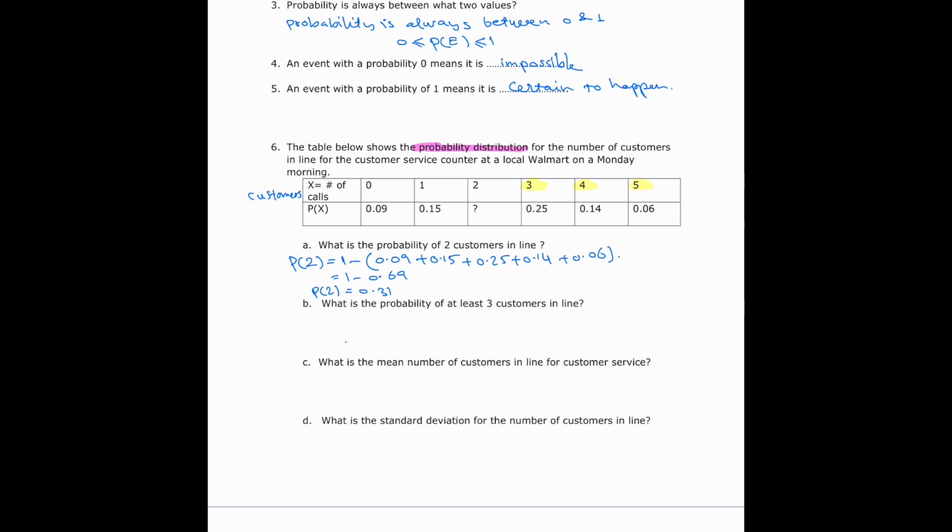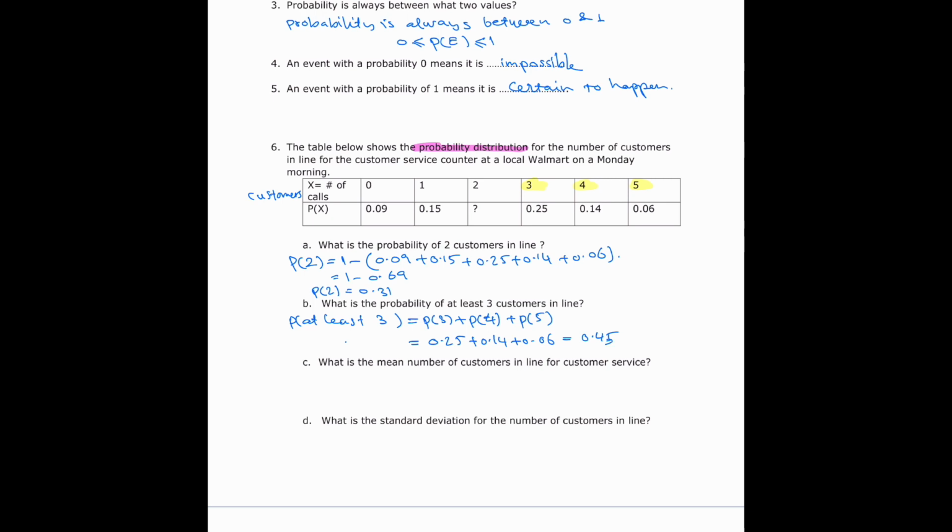Because I'm saying or, in this case, the probability of at least 3 is equal to the probability of 3 plus the probability of 4 plus the probability of 5. 3 or 4 or 5, or means addition rule. So 0.25 plus 0.14 plus 0.06, which will give me 0.45 or 45%.